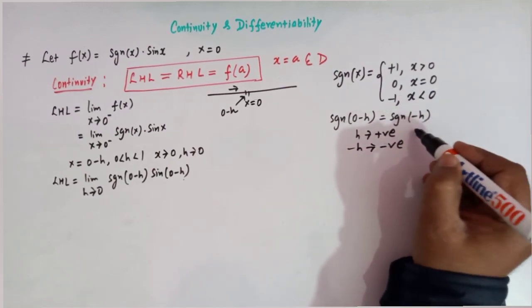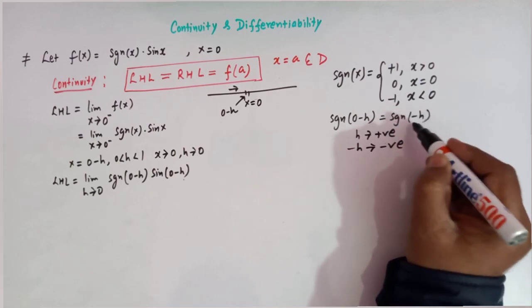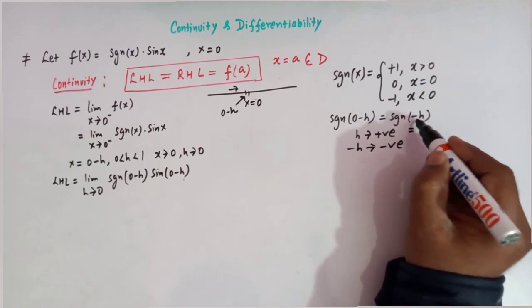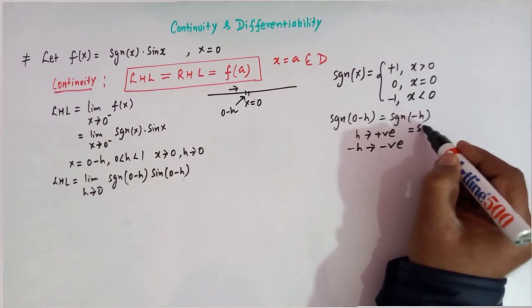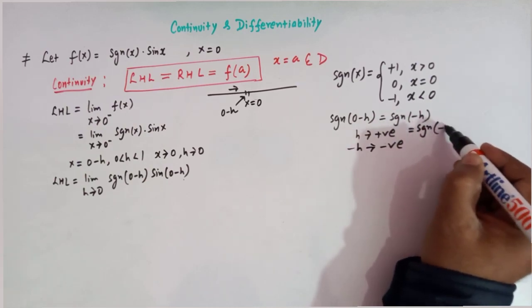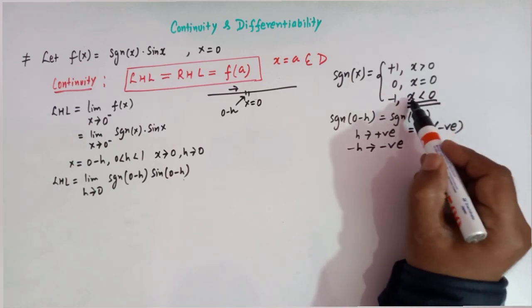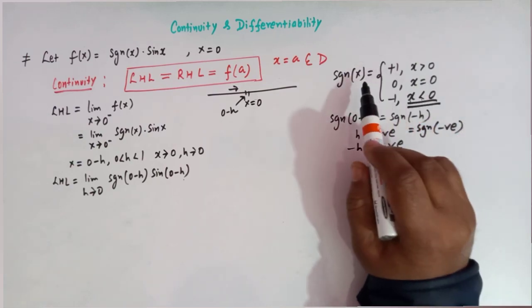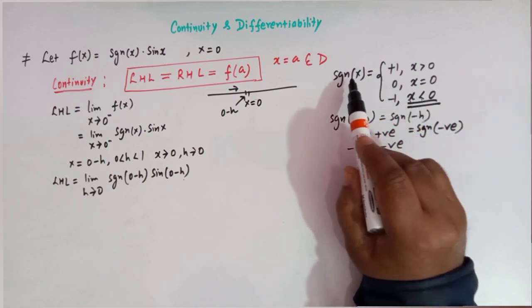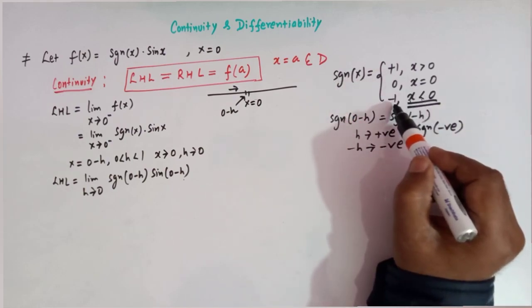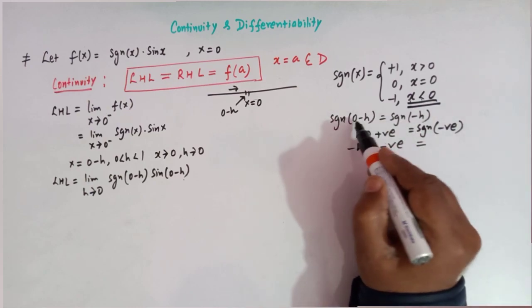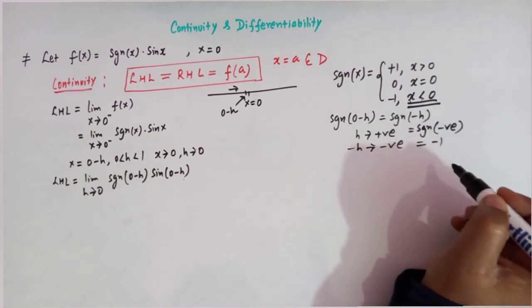It means inside this bracket we have now a negative quantity. So we have signum of some negative quantity, and for all negative quantities, x is less than 0. So whenever x is less than 0, signum of x takes the value minus 1. So the value of signum of 0 minus h is minus 1.